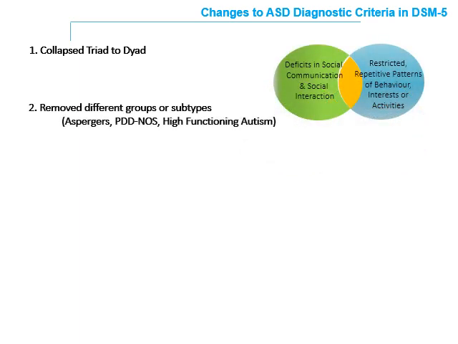The second major change is that they removed in the DSM-5 all these different groups or subtypes. So now there was no longer the different conditions of autism, autistic disorder, Asperger's, PDD-NOS, ideas of high-functioning autism. These were all removed.